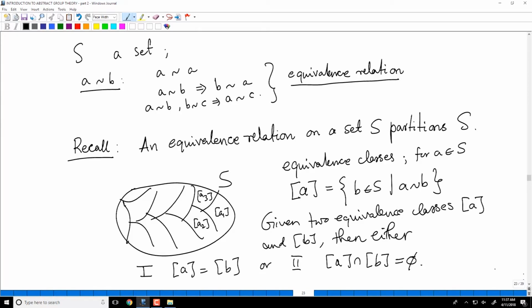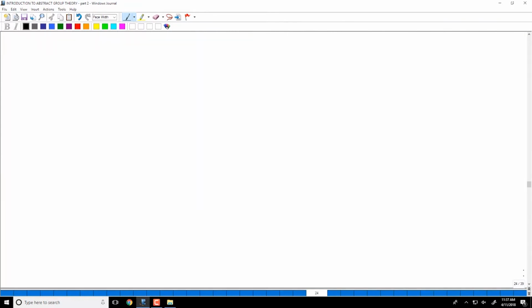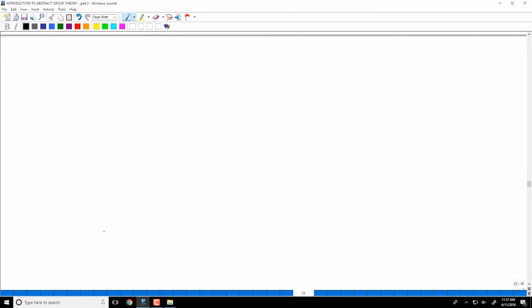They have nothing in common. So this is a very strong condition, right? You have either disjoint sets or they are identical. If the class of A1 is different from the class of A2, they can't have anything in common. So you can cover the entire set like this. This is how an equivalence relation on a set partitions that set.